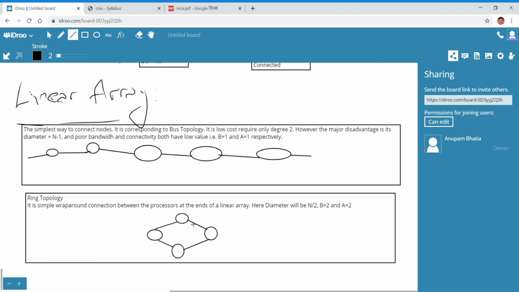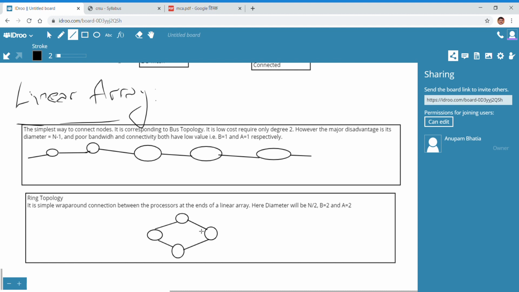How? See here, if we want to reach the farthest location from here, it is 1, 2. If we go for the third node, it is traceable from here with the one node only. Hence, the maximum distance in this particular network is 2, that is half of the total number of the nodes. And bandwidth is equal to 2 and connectivity is equal to 2.